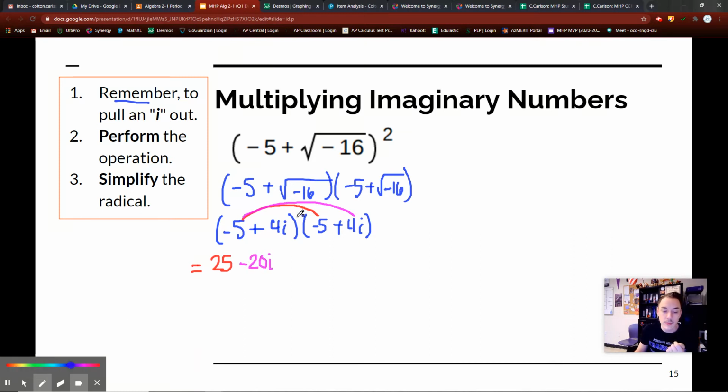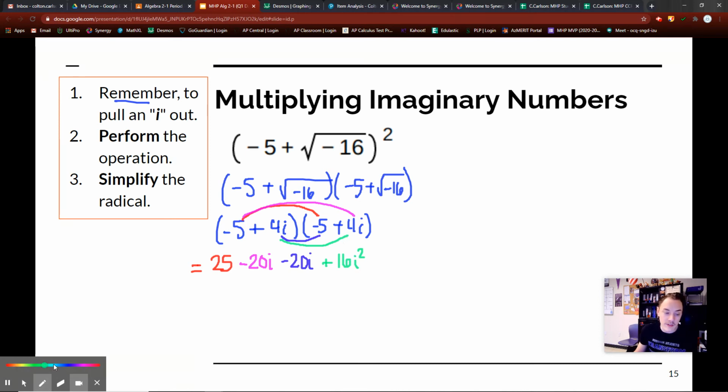My next one, in blue here, negative 5 times 4i, is again negative 20i. And then in light green, 4i times 4i is plus 16i squared. What is 4 times 4? 16. What is i times i? Treat it like a variable, i squared.